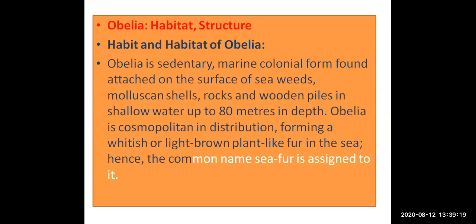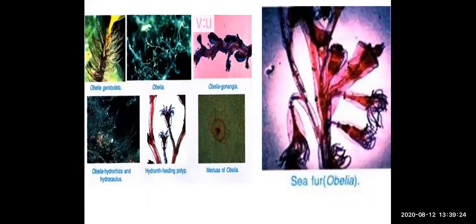Obelia is sedentary and marine. The conical shape is Obelia geniculata. Observe Obelia geniculata, Obelia gonangium. Obelia medusa, Obelia polyp, only Obelia polyp and hydra.